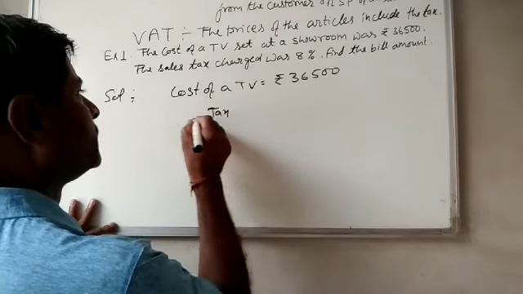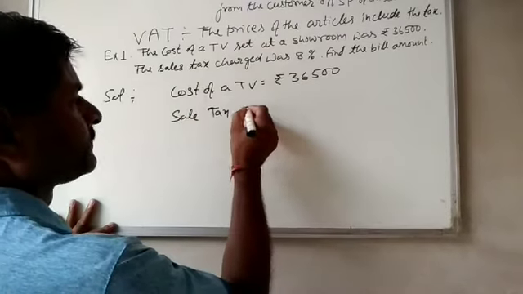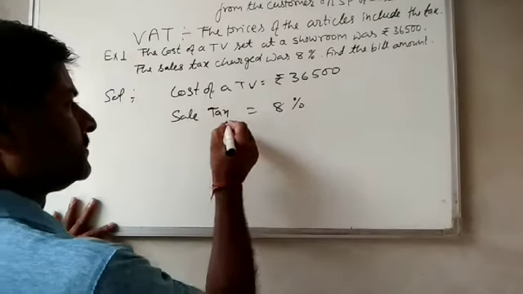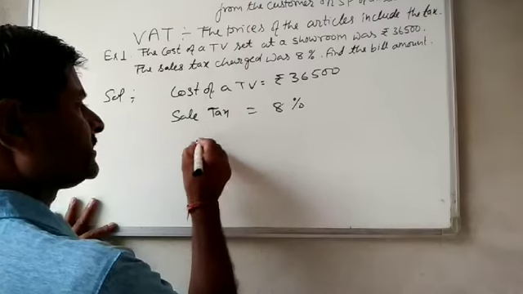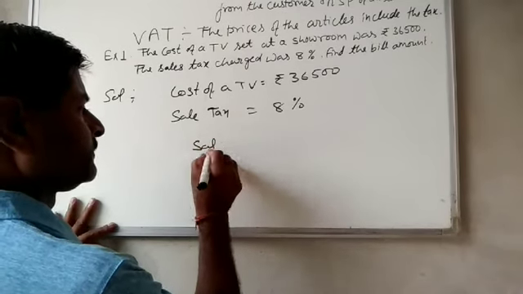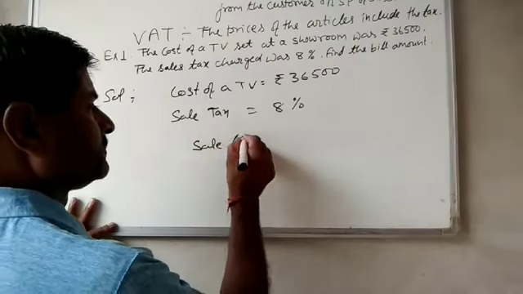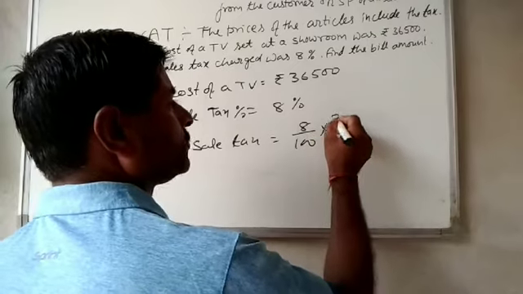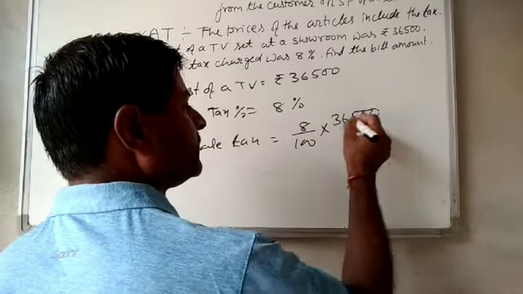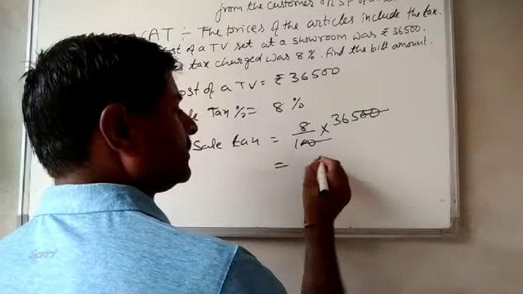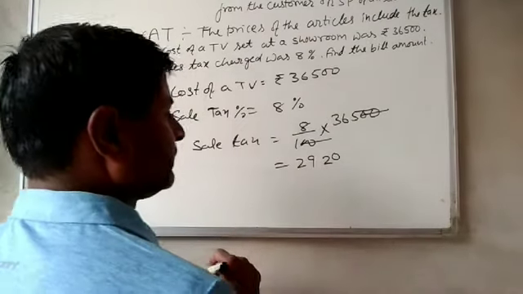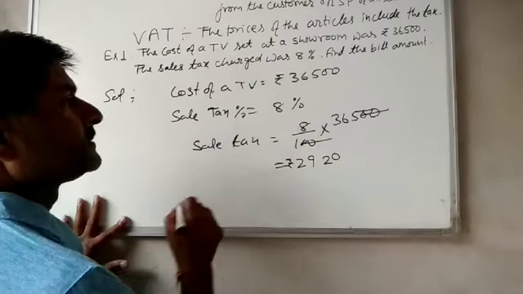Sales tax is equal to 8%. So sales tax is equal to tax percent, 8 upon 100 into 36,500. Cancel 0 with 0. 8 fives are 40, 8 sixes are 48, 2920. So this is the tax.